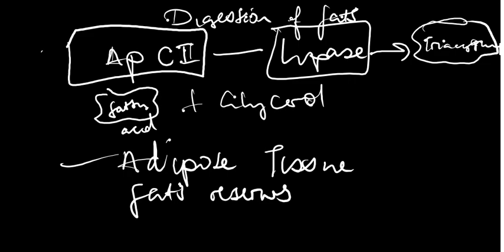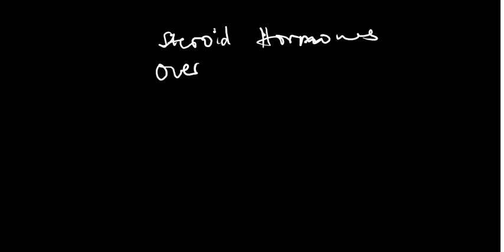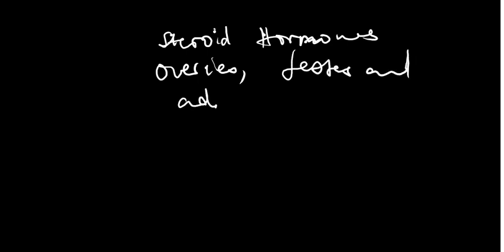However, fats are also stored in cells that synthesize steroid hormones, like the ovaries, the testes, as well as the adrenal cortex.